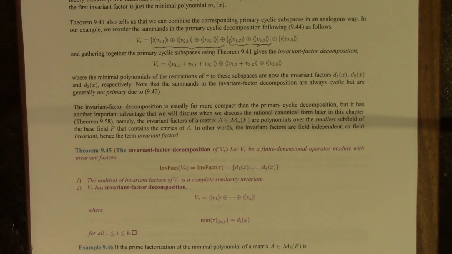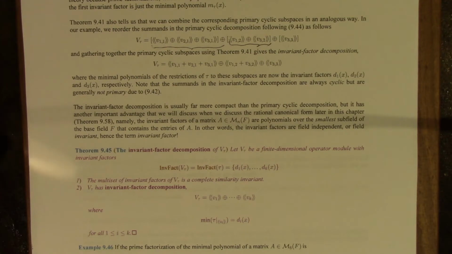Basically, the invariant factors of a matrix or an operator, doesn't matter, are polynomials over the smallest subfield of the base field that contains the entries of the matrix. So in other words, the invariant factors are field independent, or what you might call field invariant.